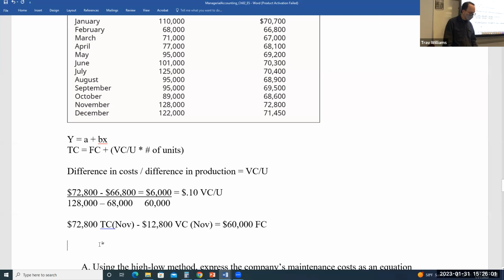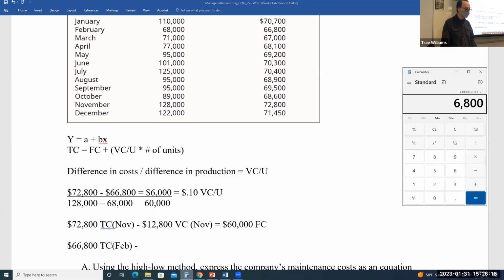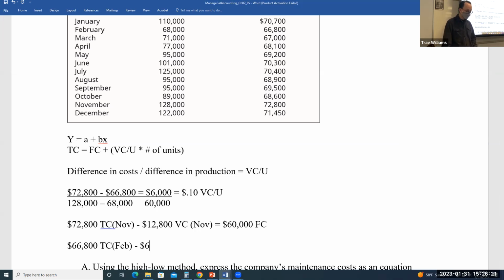So we could take February's total costs, which were right here, minus the variable costs for February of 6,800. And guess what? We also get 60,000. So whether we use that high month or the low month, we get the same fixed costs.